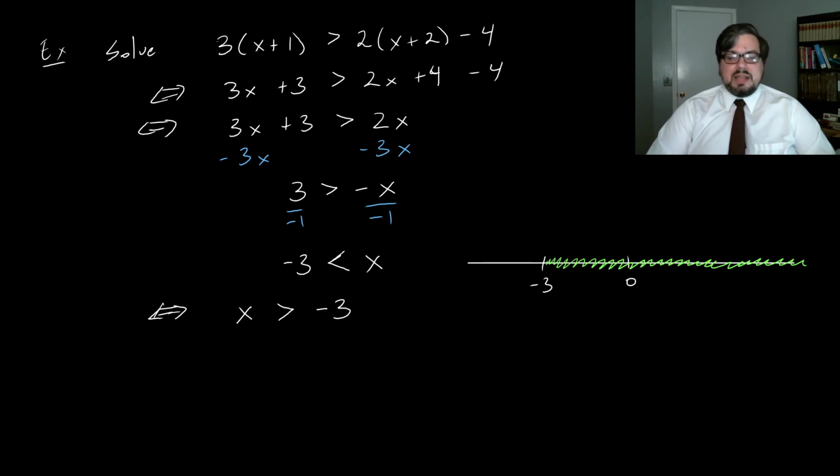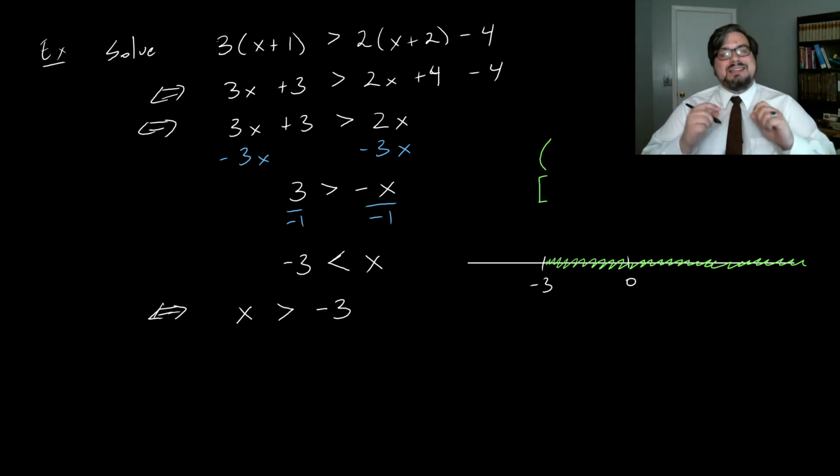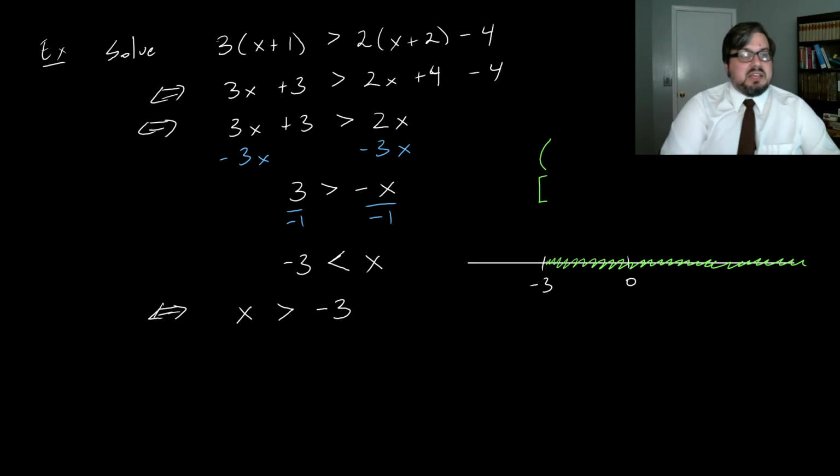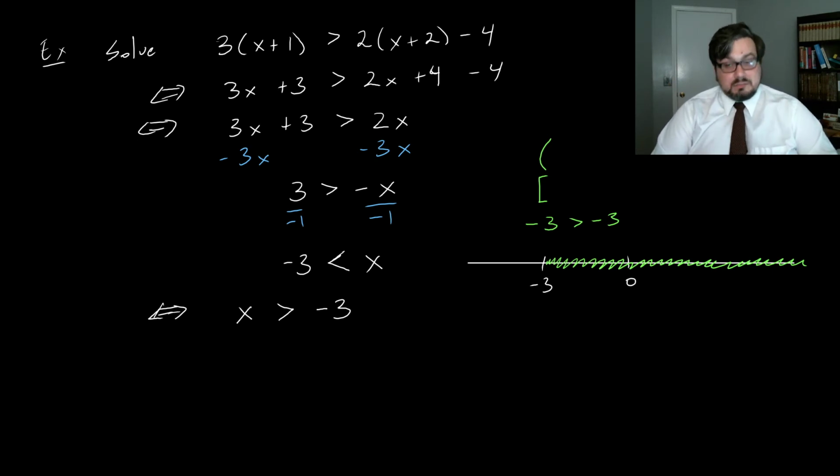So now when we get to negative 3, we have to ask, do we put a parenthesis or a bracket? And for that, we ask the question, is negative 3 a solution to the inequality? If we plug negative 3 in for x, would we get a true statement? And the answer is clearly no. Negative 3 is not greater than negative 3, and that means that negative 3 is not in the solution.